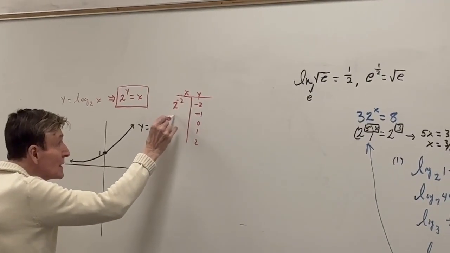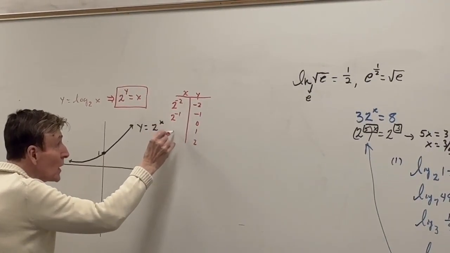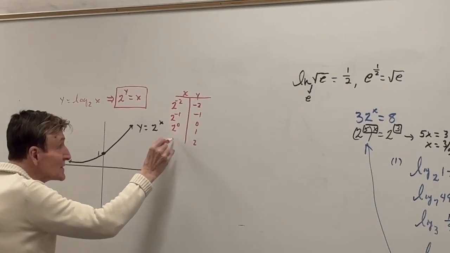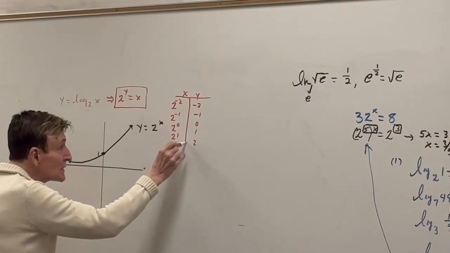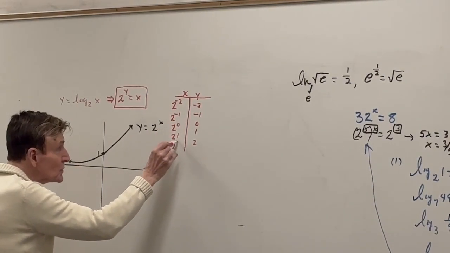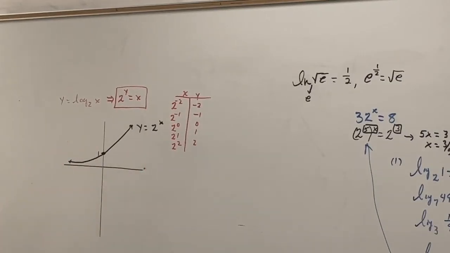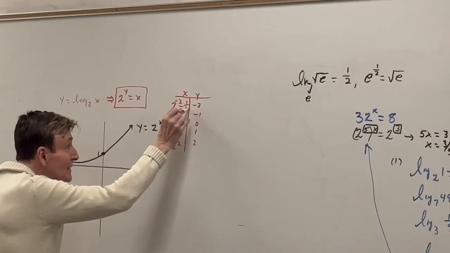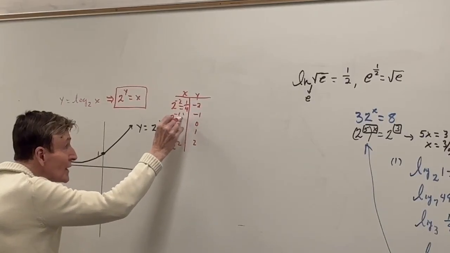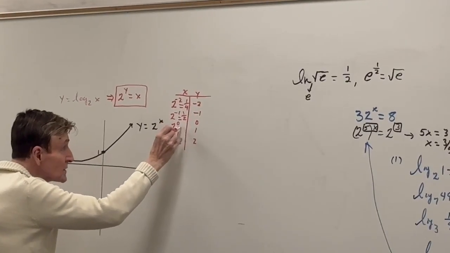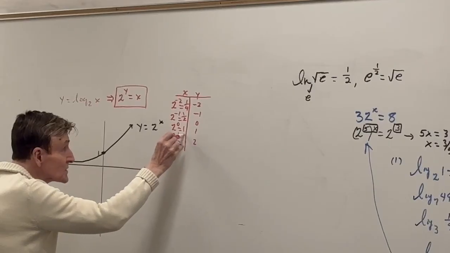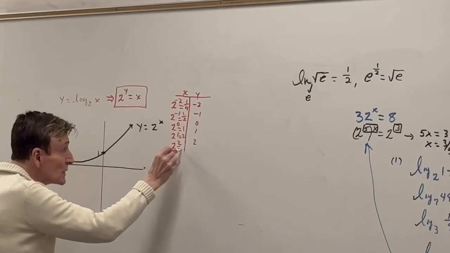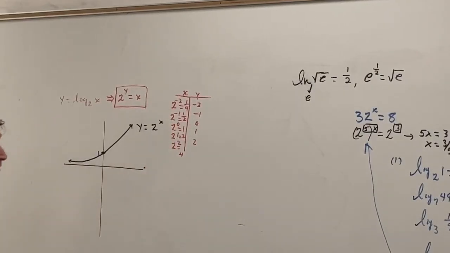We'll come back to it. 2 raised to negative 1, 2 raised to the 0, 2 raised to the 1, and finally 2 squared. Which I think this one's 1/4. This one's 1/2. We squeeze those in, guys. 1. This is 2. And this one is 4. You guys see that? Okay.